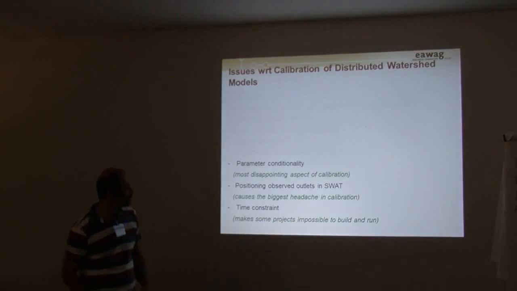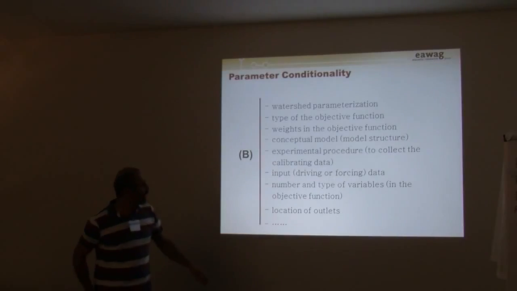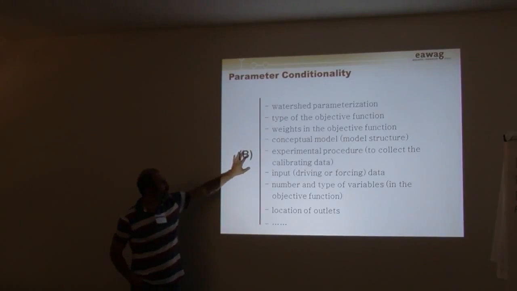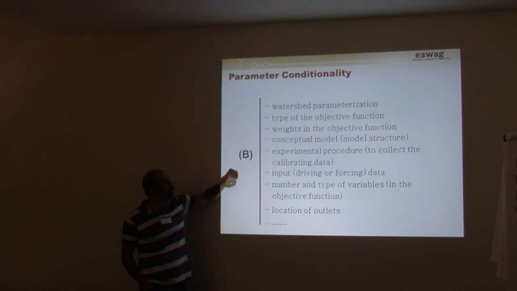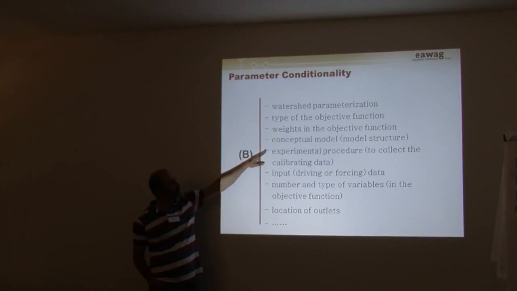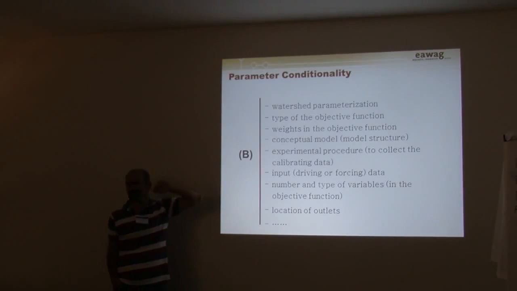Now, the parameter conditionality. I mentioned before that at the end you get a set of parameter ranges for your calibrated model, and that is a function of how you parameterized your watershed, the type of objective function you use, the weights in the objective function, and the whole conceptual model. You used SWAT. SWAT has many options. You can turn different functions off and on.